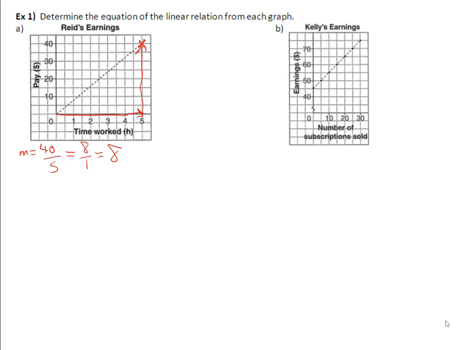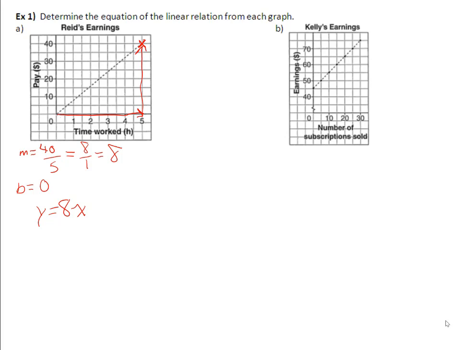And because I said this was direct variation, that means that our initial value, which is b, should be 0. That means that our final equation is y equals mx plus b. For m, we sub in 8x, and then we have plus 0, but you don't have to write plus 0 because that is just redundant, so we don't write plus 0 at the end.